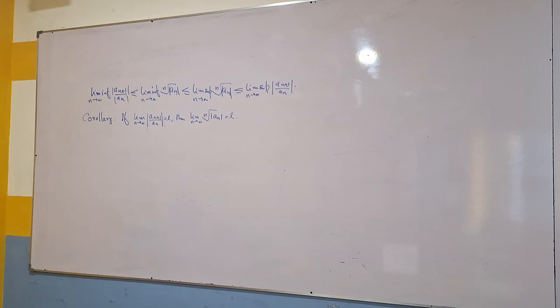The way we did that, using n plus 1 over n, when that limit is L, then the limit of the nth root is also equal to L.